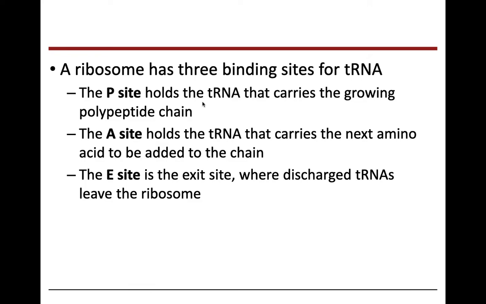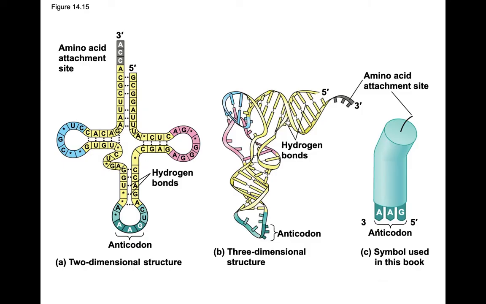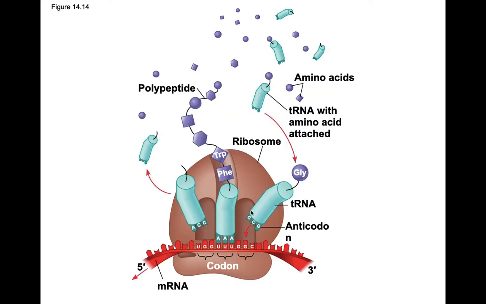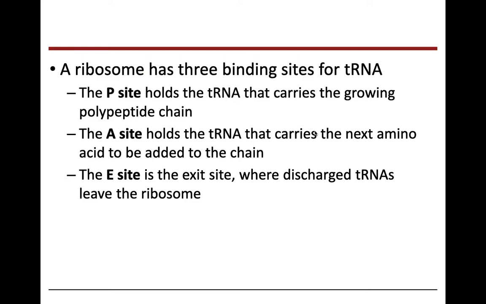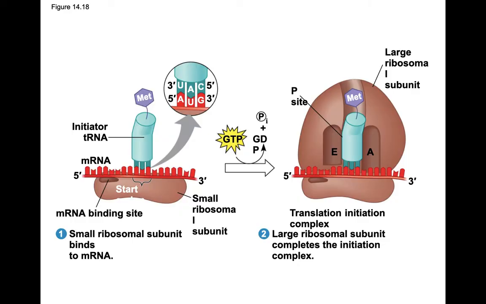This is always in the middle. We have the A site, which is to the right of the P site, and this is where we have the next amino acid that's going to be added to the chain. And then finally we have the E site, which is the exit site. This is where the tRNA that no longer has an amino acid leaves the ribosome.